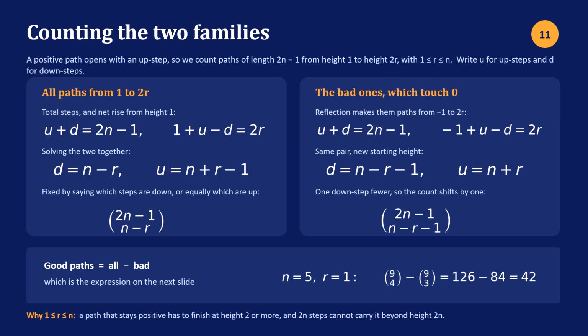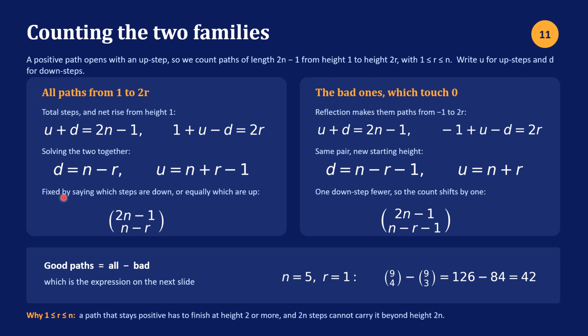Counting the two families. So let's compute the number of good paths based on what we discussed on the previous slide. A positive path opens with an up step to state 1, as we showed previously. So we count the paths of length 2n minus 1 from height 1 to height 2r, with r being between 1 and n. And we're going to write u for the number of up steps and d for the number of down steps.